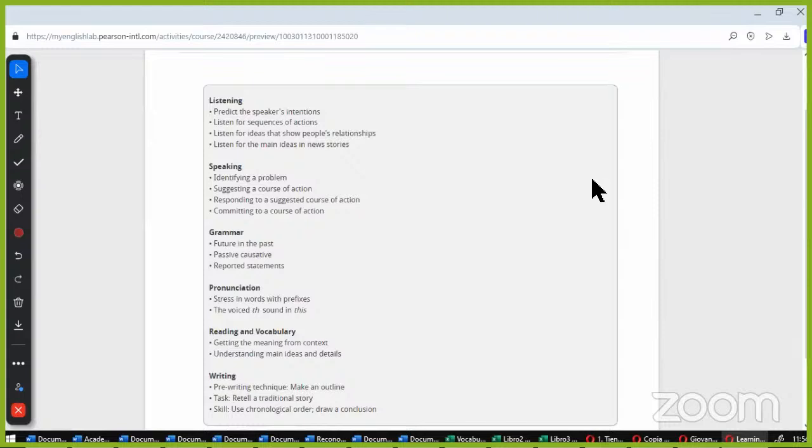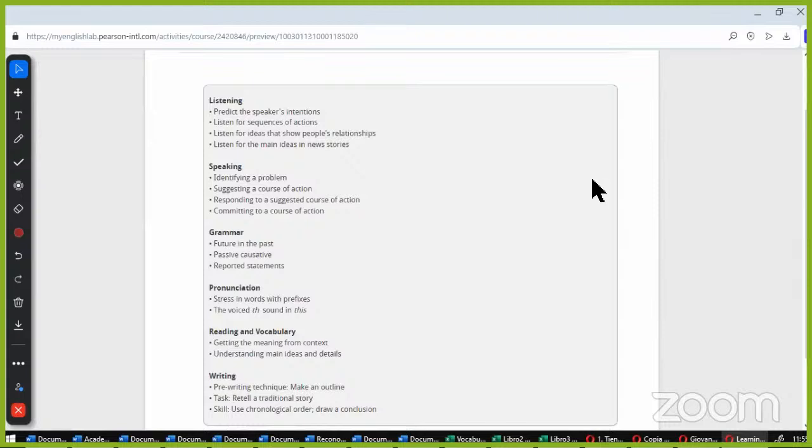Listen for ideas that show people's relationships. Listen for the main ideas in news story. Speaking. Identifying a problem. Suggesting a course of action. Responding to a suggested course of action. Committing to a course of action. Grammar. Future in the past.